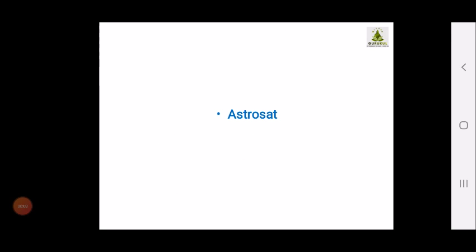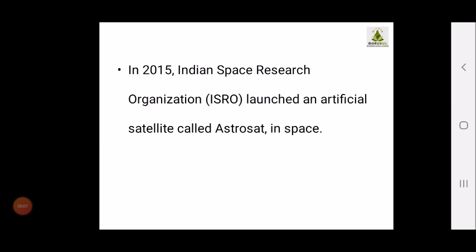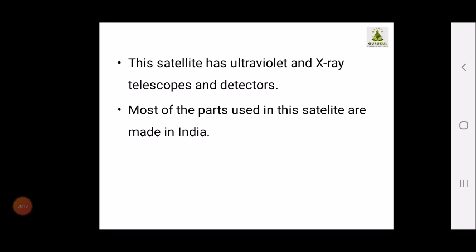Children, today we are going to study about the AstroSAT. In 2015, the Indian Space Research Organization launched an artificial satellite called AstroSAT in space. This satellite has ultraviolet and X-ray telescopes and detectors.